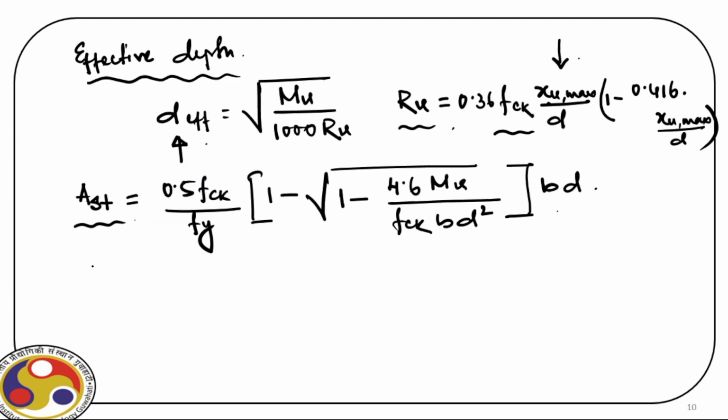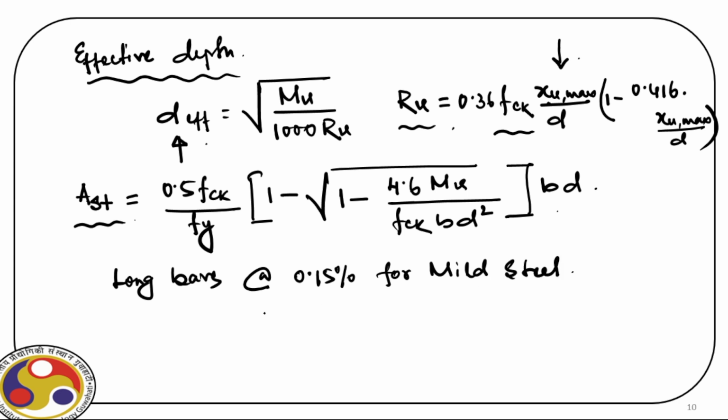Let us see. Longitudinal bars, they are at the rate of 0.15% for mild steel and 0.12% for HYSD bars. So this is the minimum steel that we provide in the longitudinal directions. Then our design against bending is complete.